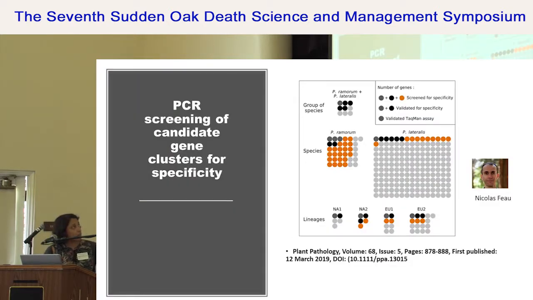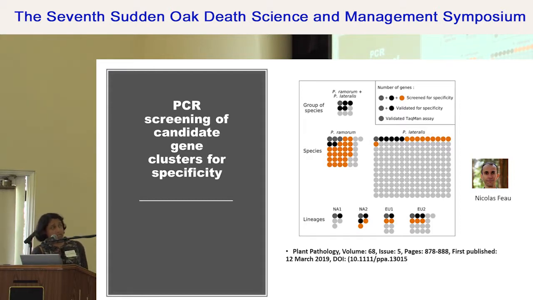So this is a figure from Nicholas' paper that shows how we go from identifying candidate unique genes to developing these assays. All these circles represent the candidate clusters of genes that are identified using the GEDI approach. And for Phytophthora ramorum, this means these unique genes are only present in ramorum and not in any of the other Phytophthoras that were used in the pipeline.